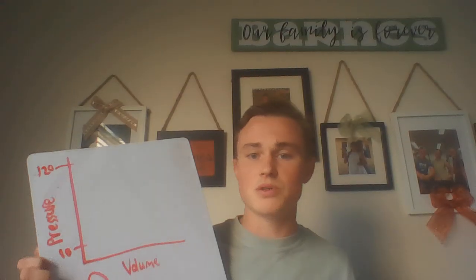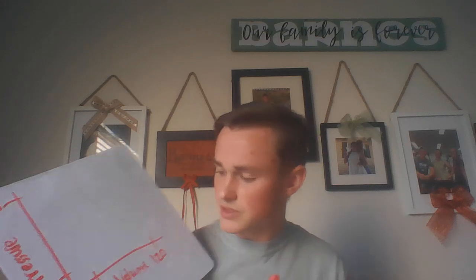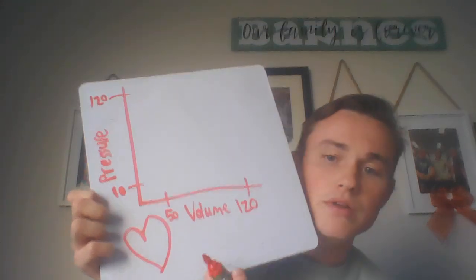It's usually the bigger number. 120 over 60 or something like that is usually not an uncommon thing to see. Then on the bottom, we're going to have milliliters. We're going to have on the low end 50, on the high end 120.